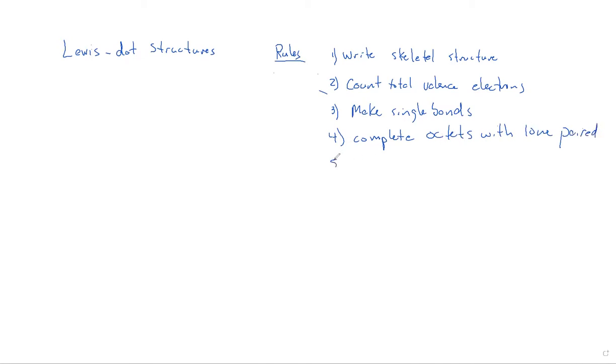And then finally, if you cannot complete all the octets, like if you're completing the octets and you run out of electrons, because the number of valence electrons will tell you how many electrons you can use. After you make the single bonds, you're using up 2 electrons for each single bond. And then you complete the octets with lone pairs, so you're using 2 electrons for each lone pair. You want everything to have 8 electrons around it, of course, except for hydrogen.